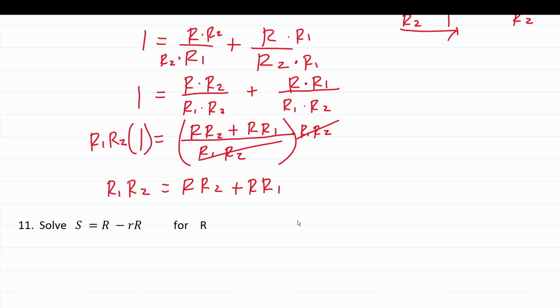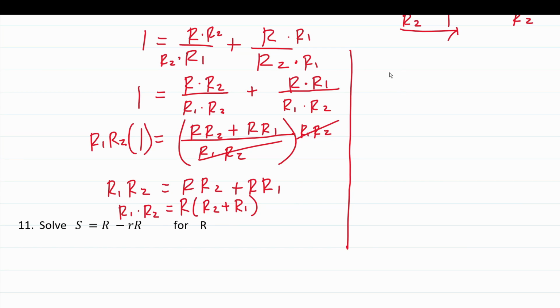All right, so at this point, you're probably saying, well, how am I going to solve for just r now? And right here, we can just factor out r, and this will leave us with r2 plus r1 equals r1 times r2.